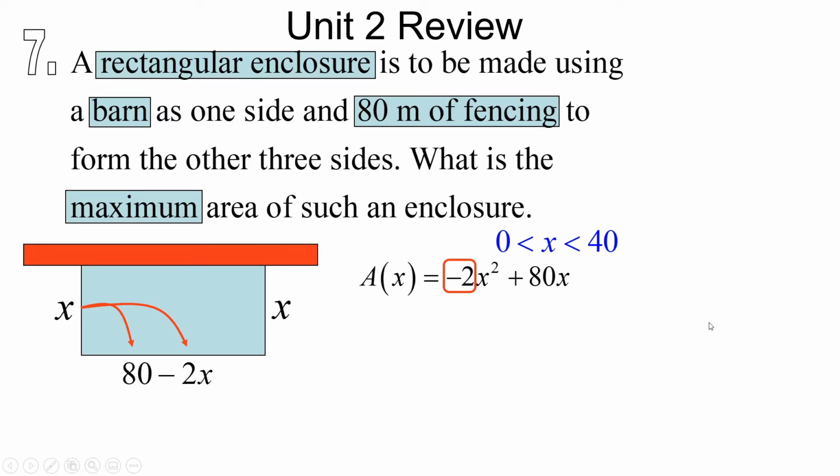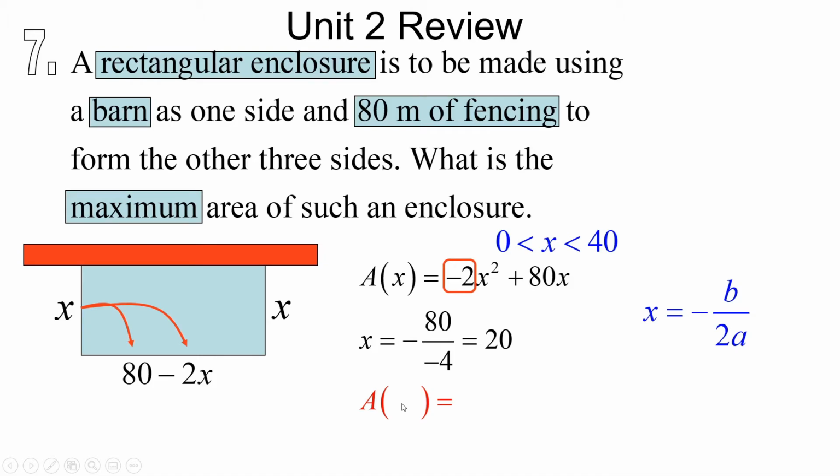The equation of an axis is always x equals -b over 2a. So the axis in this situation would be x equals, and what's the opposite of my b? -80 over 2 times a. 2 times -2 is -4, and -80 divided by -4 is 20. So the maximum area will occur when x equals 20 meters.